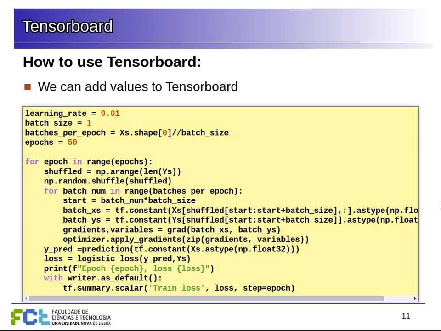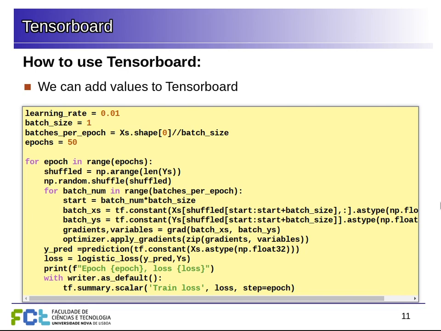And now we send those tensors there, we apply the gradients, and for each epoch we compute the logistic loss, and we write into the log for the epoch we are in the loss with this label, train loss.